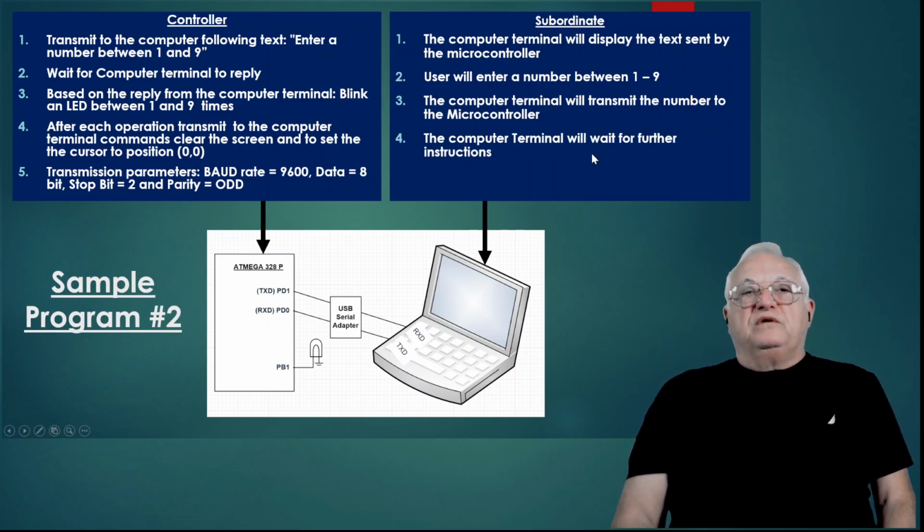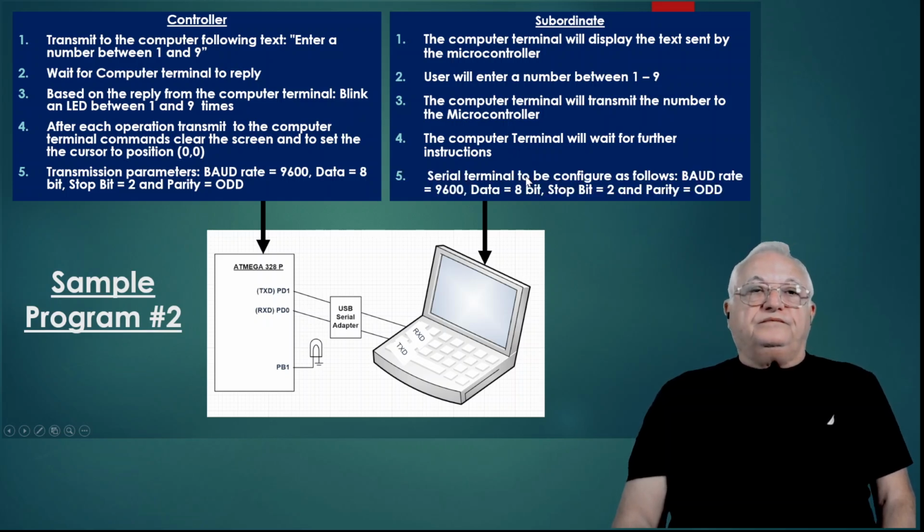The computer terminal will wait for further instructions. And then again, we have our serial parameters: the baud rate 9600, which basically matches the controller, 8 data bits, 2 stop bits, and parity odd.